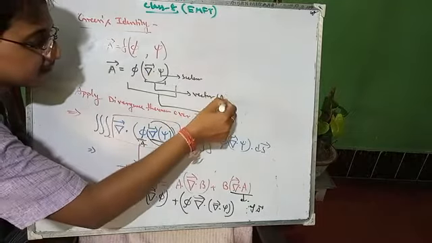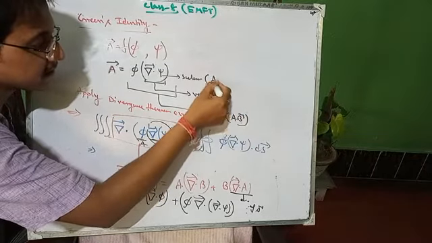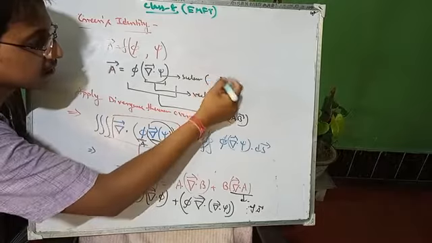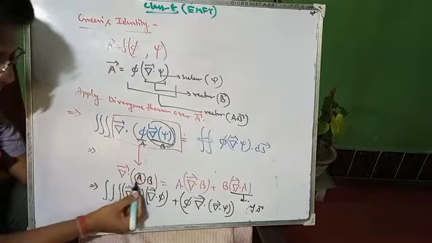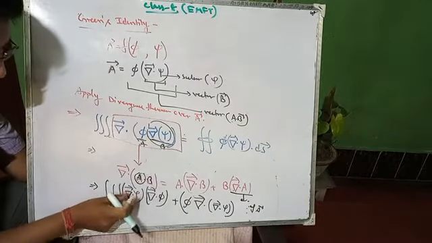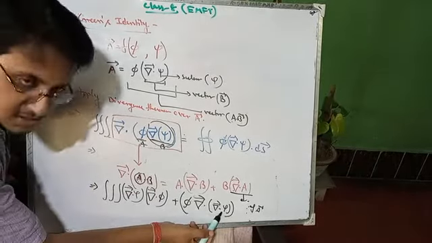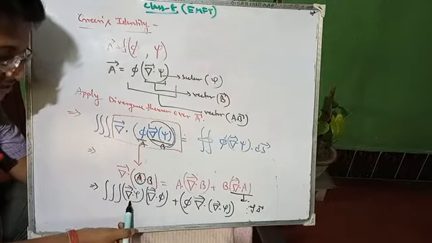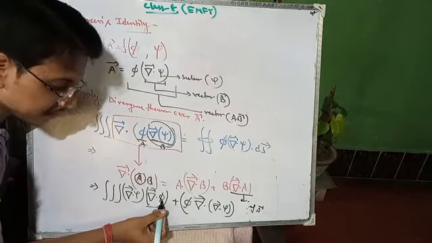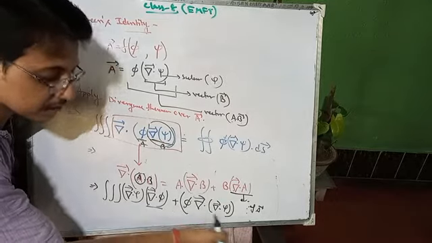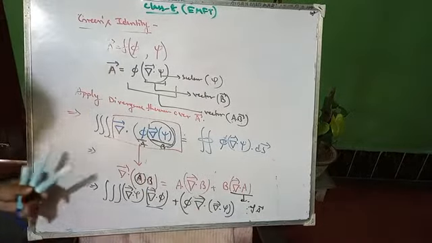So A means phi. Phi taking outside, B is diverged, and here B is taken outside and A is diverged. That's why we pronounce it as gradient of phi here, and divergence of gradient of psi there. So if we expand it, it will come.